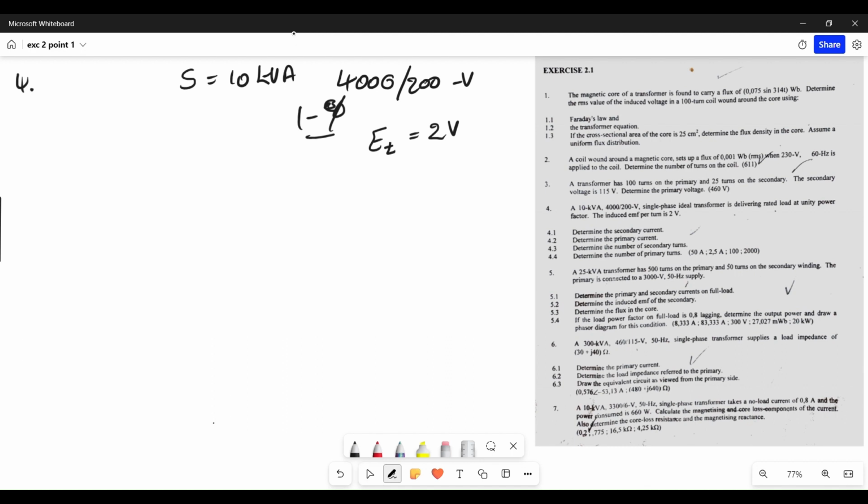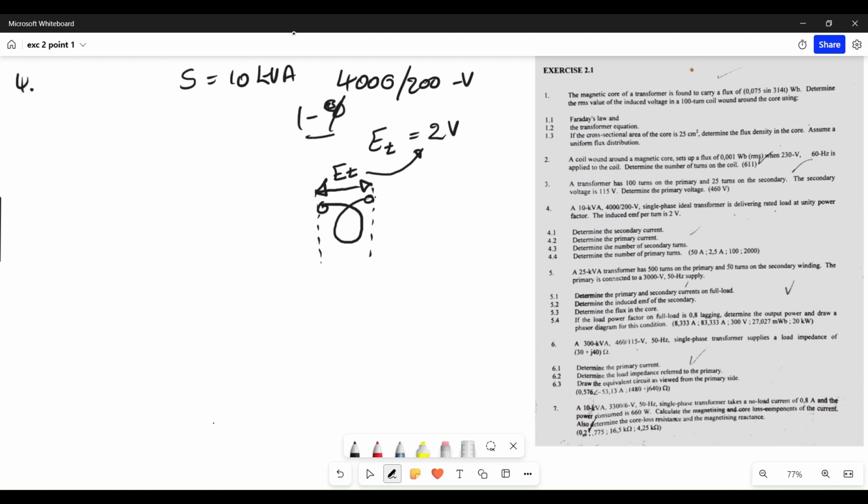Before going to the question, what is the induced EMF per turn? What does it mean? It simply means this is the voltage that becomes induced inside one turn.